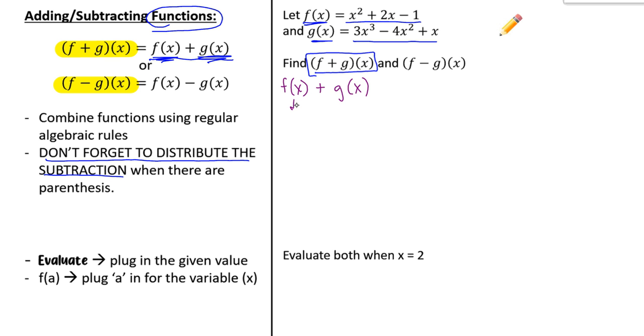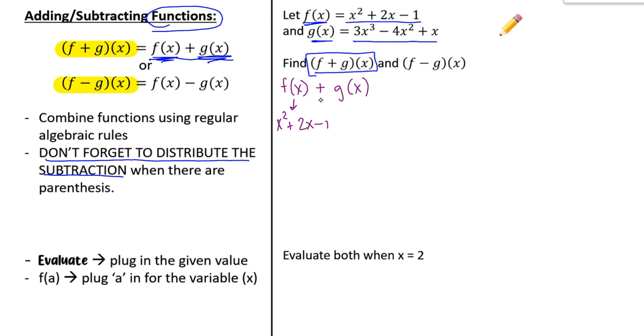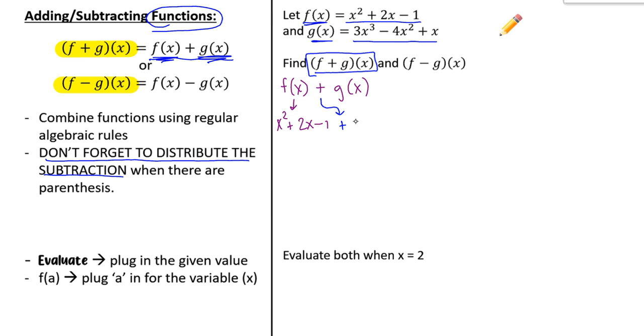Well, f of x is x squared plus 2x minus 1 plus g of x, and g of x is 3x cubed minus 4x squared plus x. That's exactly what we were just talking about on adding polynomials, right? Now we look for common like terms.